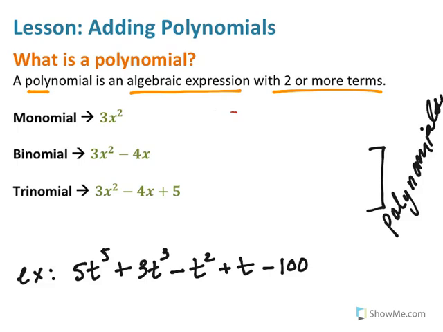So we have many terms here. This is a polynomial with 1, 2, 3, 4, 5 terms, because we have 4 plus or minus signs in between.